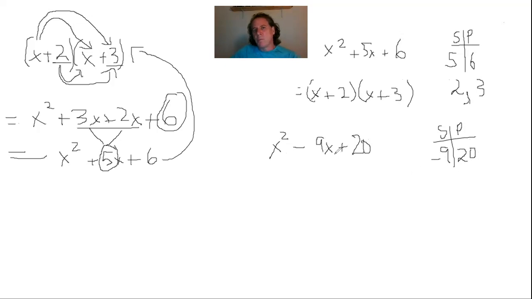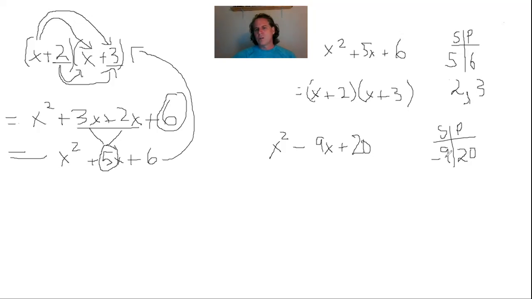Before I get started, I'm noticing my sum is negative, but my product is positive. To get a product that's positive, I'm either multiplying a positive times a positive and getting a positive answer, or I'm multiplying a negative times a negative and getting a positive answer. Since the sum is negative, I know I've got to have two negative numbers.